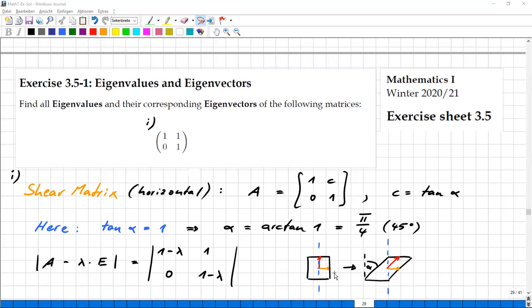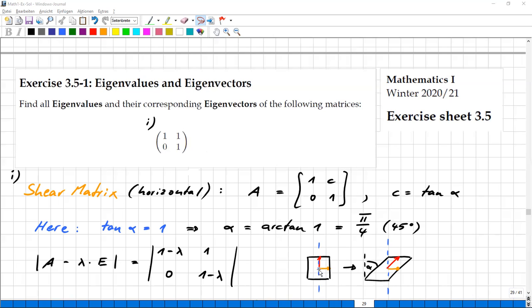Look at this square. Just imagine that we have a two-dimensional vector space, so it's the plane, and the whole plane would be the vector space, and the origin should be here, where the orange and the red arrow touch each other.